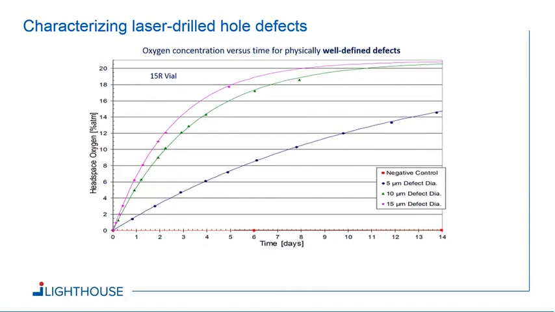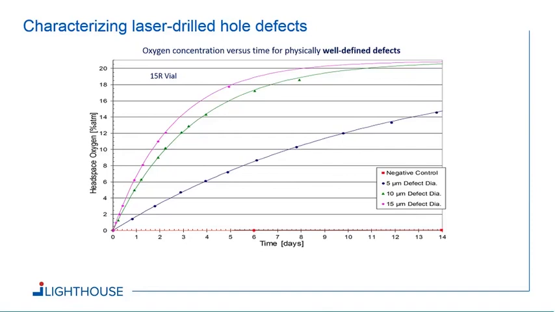Here's some example of headspace data that was generated using these positive controls. So what we are plotting here is actually the rise in headspace oxygen over time of a vial that has been filled with nitrogen and also has one of these laser drilled defects in the glass body.